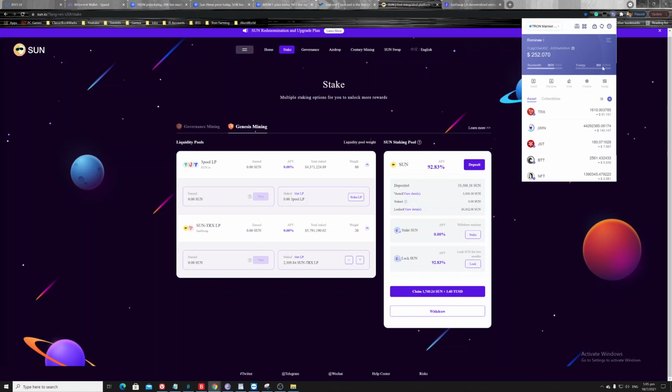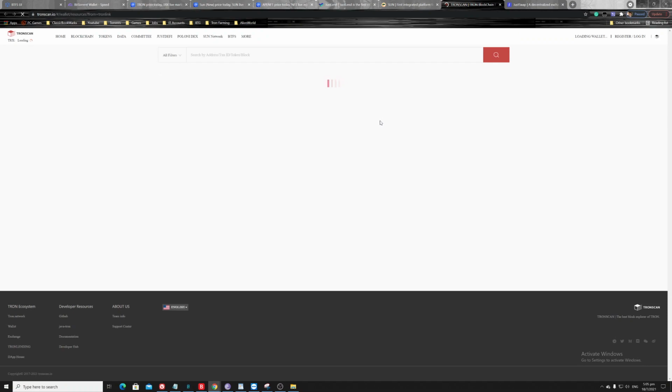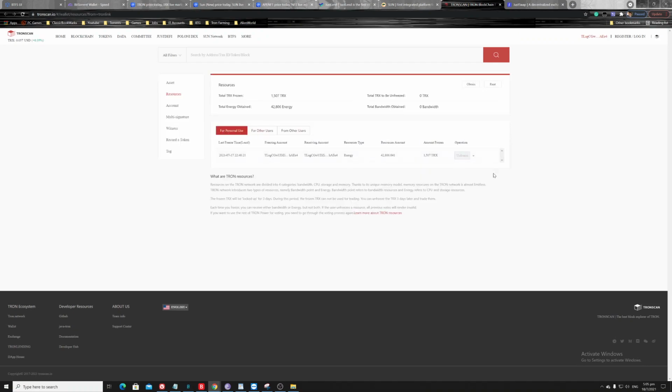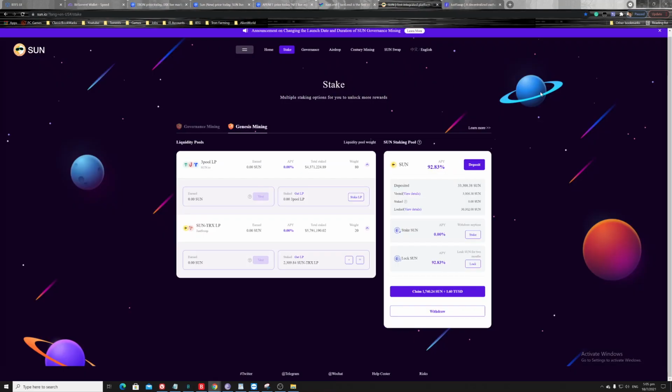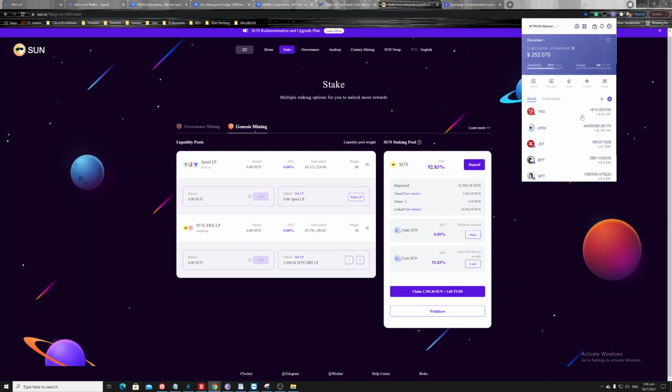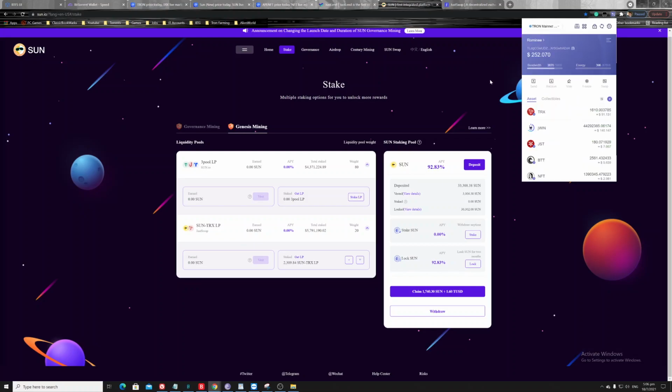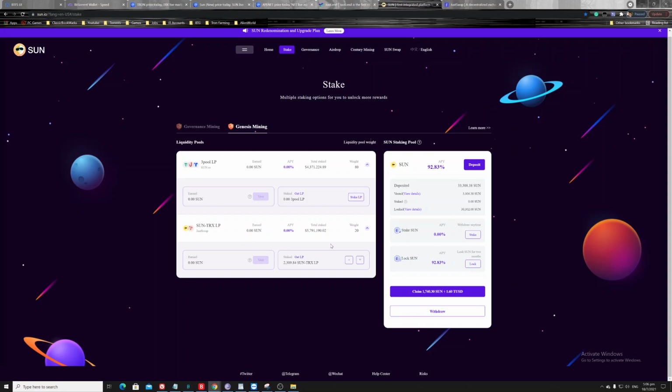So I unfroze my bandwidth just to have a few TRX in my wallet. Having said that, I need to go back to my wallet and make sure I have enough available Tron to pay the gas fee, or burn this Tron, for this transaction.